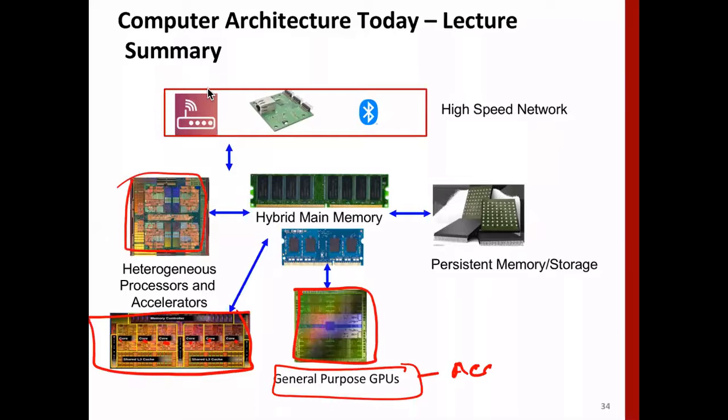Then we have main memory, which is DRAM. Then we have persistent memory or non-volatile memory. We can have HDD or SSD. And then we can have a high-speed network; this is Bluetooth or Wi-Fi, and then an Ethernet port.